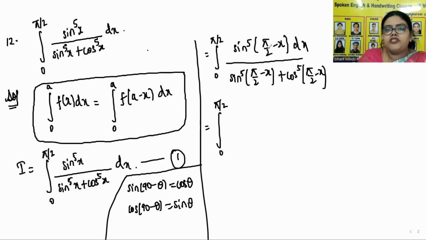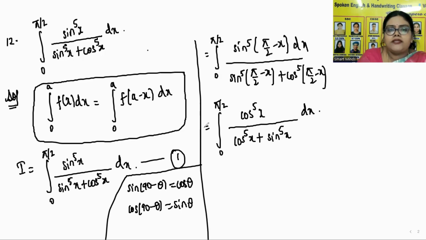And now see how it is changing. Sine power 5 of pi by 2 minus x will become cos power 5x by cos power 5x plus sine power 5x dx. Let us say this is also I on the left hand side and this is equation number 2.